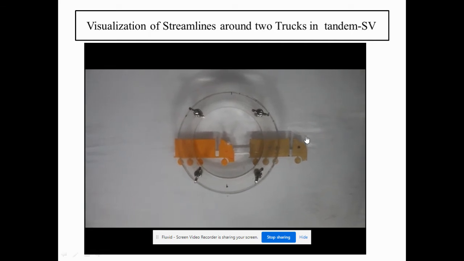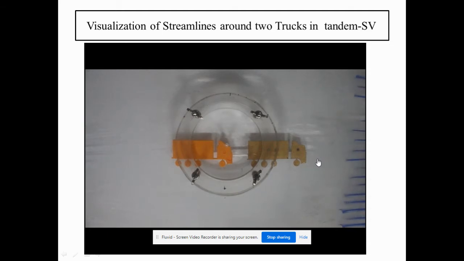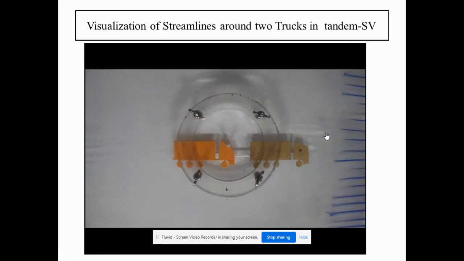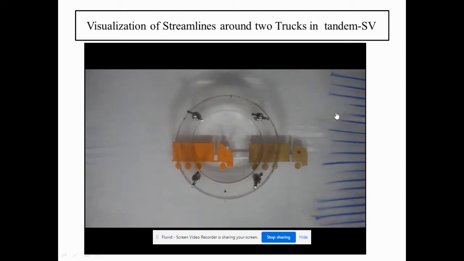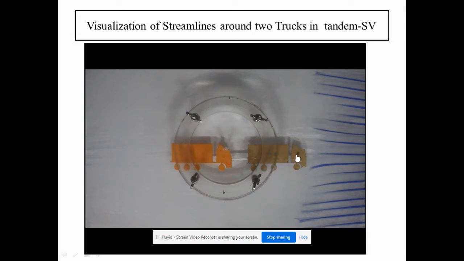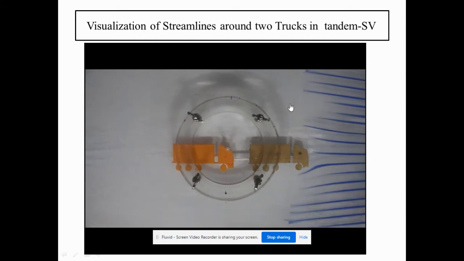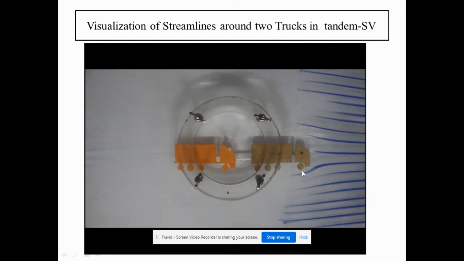Two trucks are kept here in tandem, one followed by the other. So the flow is still going on. Now we have injected the dye. As it approaches the model, you can see the flow getting diverted, a part of the flow going below the vehicle, and a part of it moving over the vehicle.